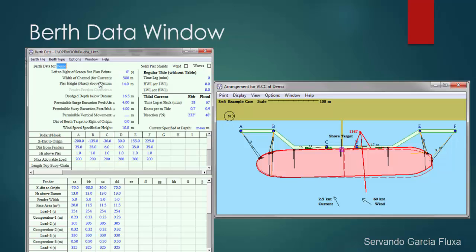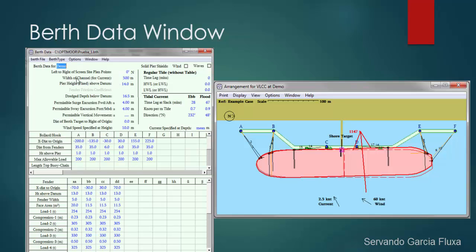So this is the first thing. OPTIMOOR asks us to define where our north is, related to that left to right direction. So if our north is not oriented in that particular direction, left to right, we have to define it here at the beginning of the program.